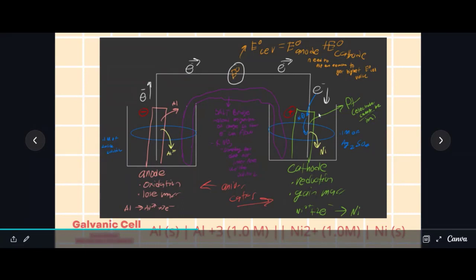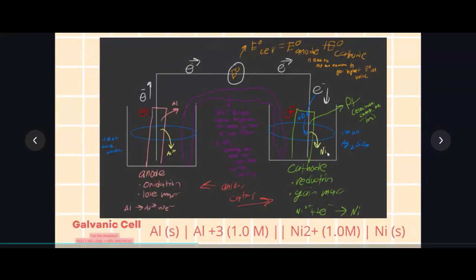They'll go over here, and on the right side, the cathode will be made of Ni. That should not be Pt. That should be Ni, so just ignore the Pt. I'll go ahead and make that correction, but be sure that this is Ni.